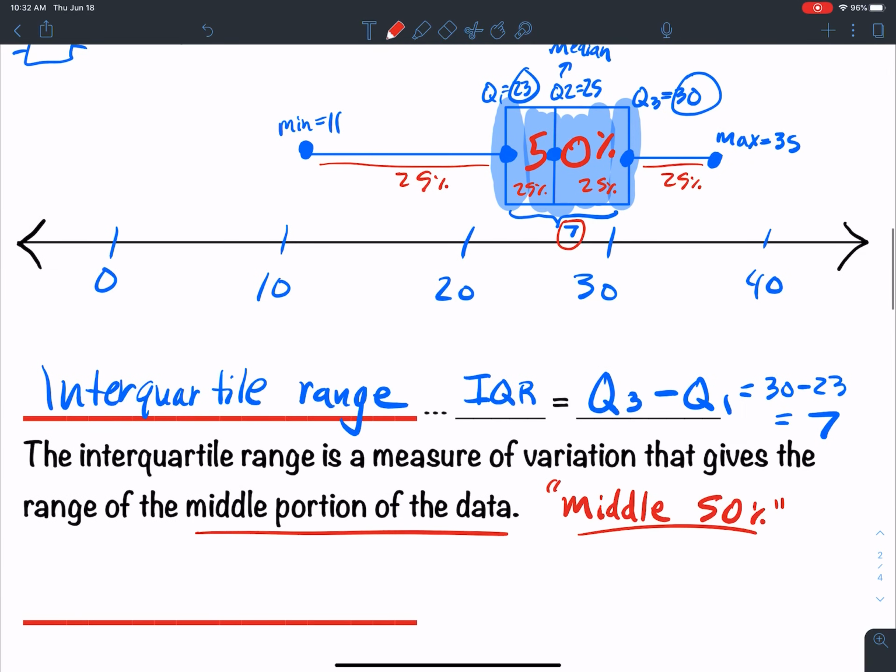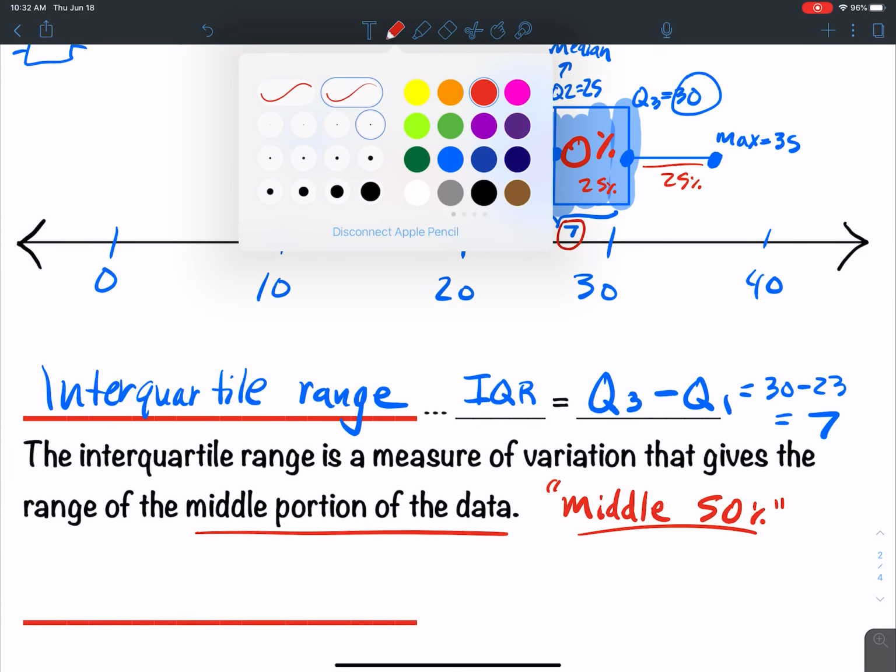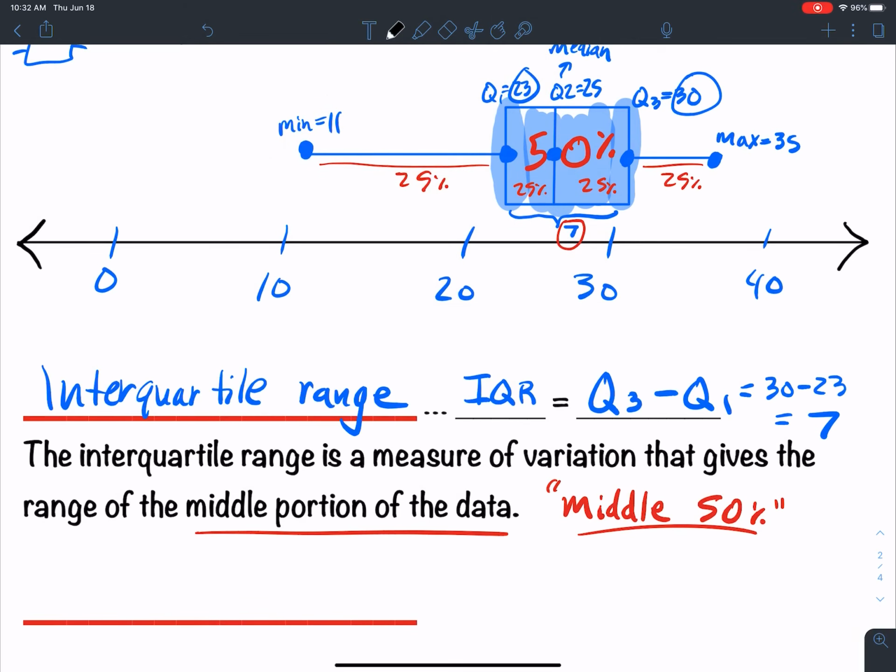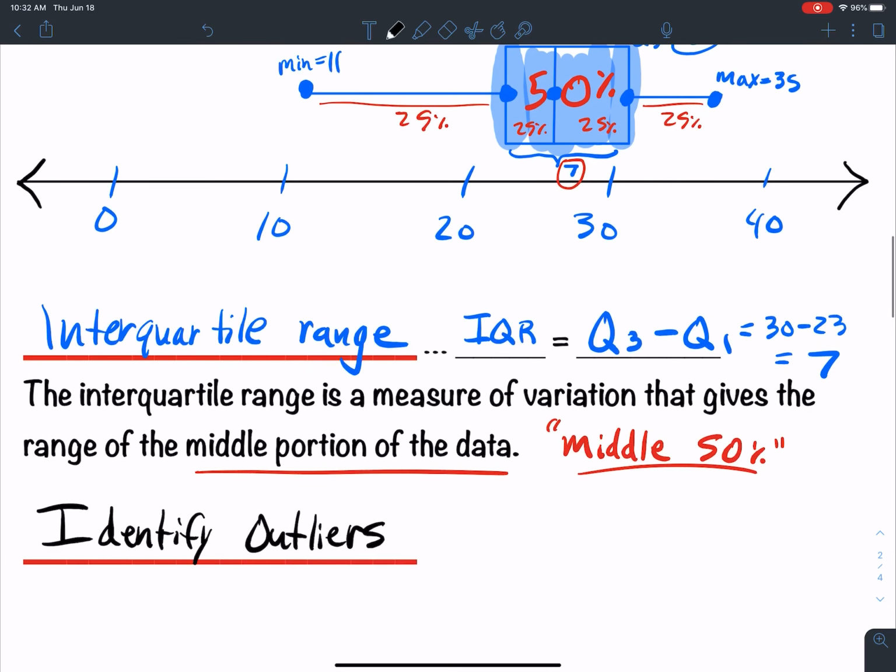Now, it is possible to have outliers, and we talked about outliers in another video, but this time we're going to have a mathematical definition of how to find outliers. To identify outliers, how do we do this?